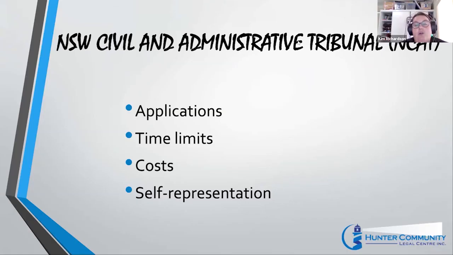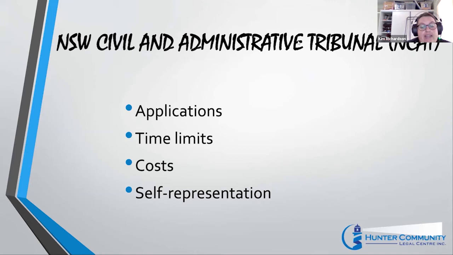Now, there are some costs involved in making an NCAT application. It costs $51, or if you are in receipt of a Centrelink income or you have a seniors card, the cost is $13. But you need to provide evidence of that at the time the application is made. In very special circumstances, fees may be waived or postponed.